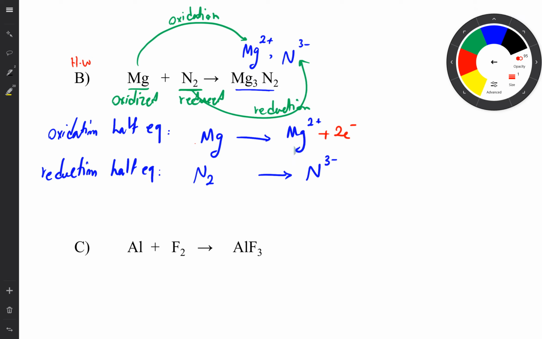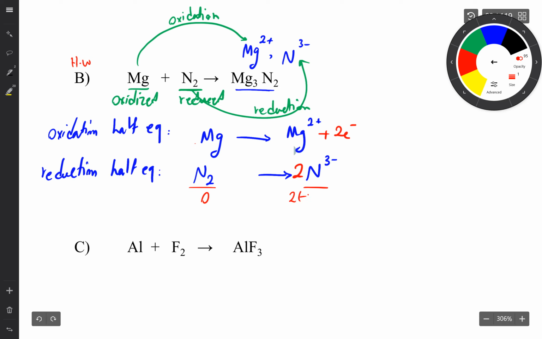For the reduction half equation, we have 2 nitrogen at the left side, but only 1 nitrogen at the right side. So we need to put 2 as a coefficient for the nitride at the right side to balance the mass of the nitrogen. Now is the time to balance the charge for this reduction half equation. The left side is neutral, but on the right side, you have 2 nitrides.